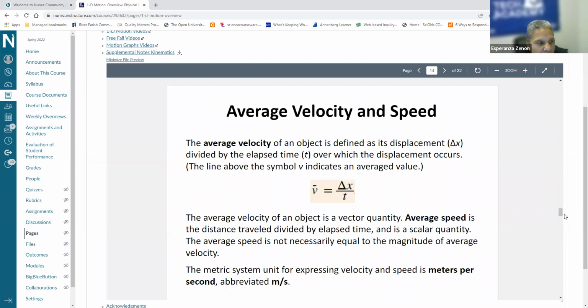Now, whether you're finding velocity or speed, the unit is meters per second in the metric system. Now you see we abbreviated M for meters, per S for seconds, meters per second. So again, you can't look at the unit. If I tell you the unit is meters per second, you can't automatically tell me whether it's velocity or speed. You have to look at what is the object doing, okay?